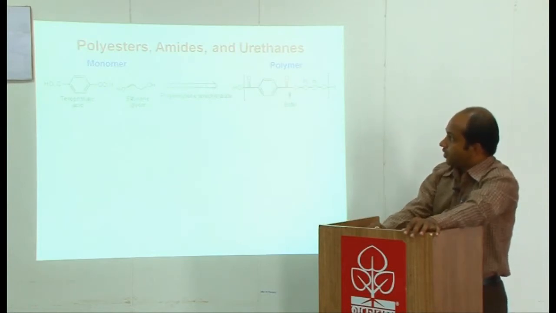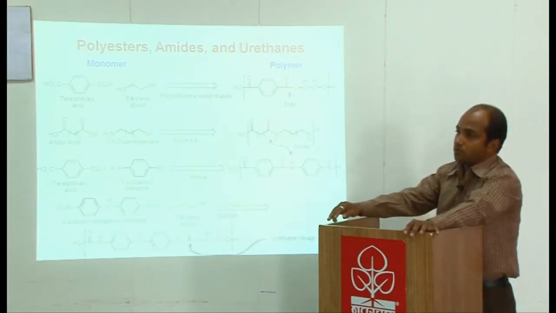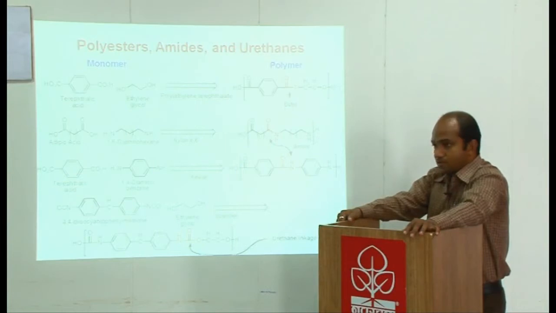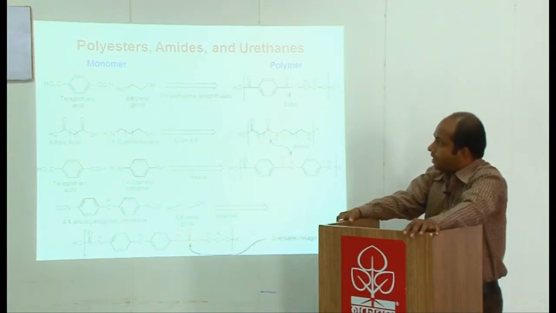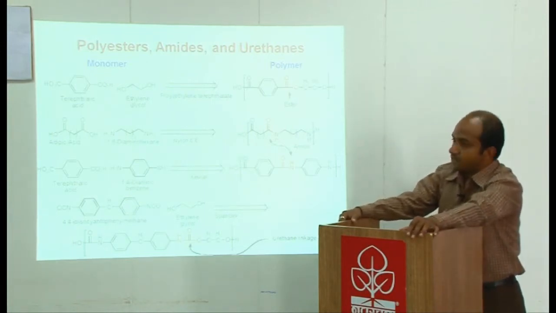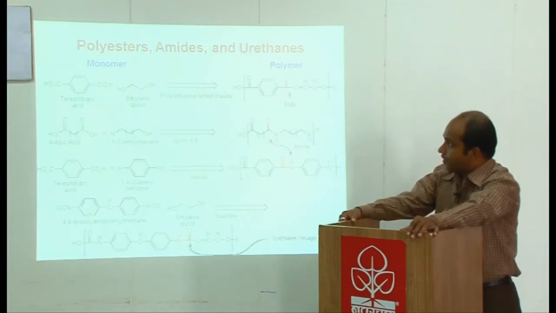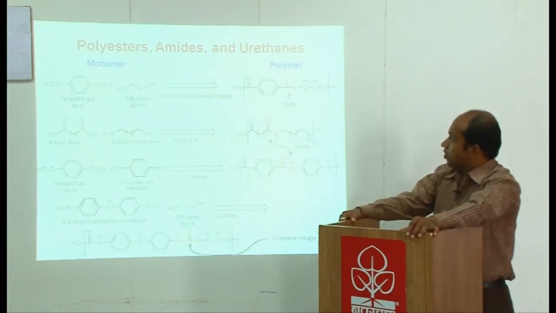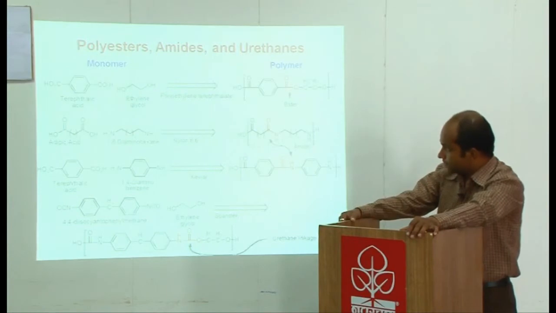Similarly, you can have polyesters, polyamides, also polyaramides, or also known as aramides. A very common example of a polyester, which is quite important as a fabric: the monomer in this case on the left hand side is terephthalic acid. Upon reaction with ethylene glycol, you have formation of polyethylene terephthalate, commonly known as a polyester.